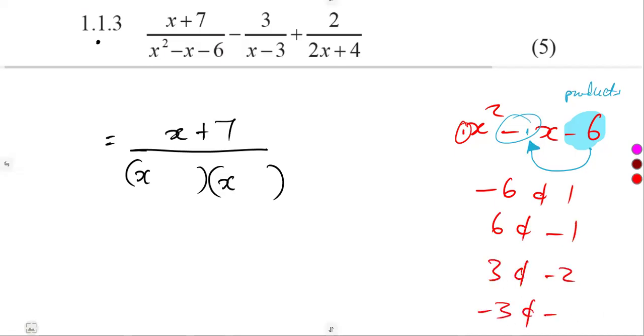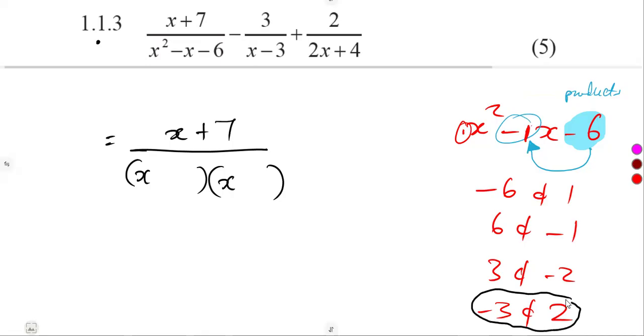So many factors. But out of these, which one, when we add, must give a negative 1, the one on the middle term? It is negative 3 and 2.